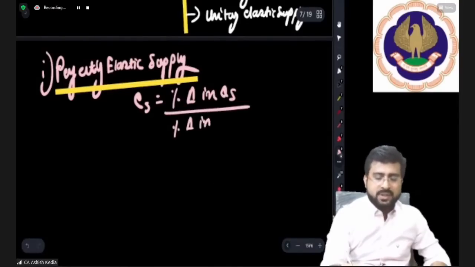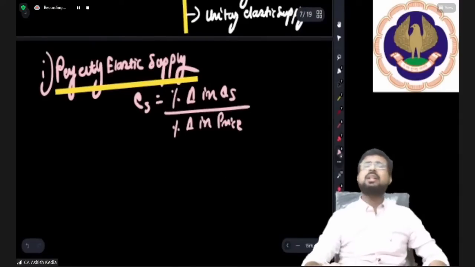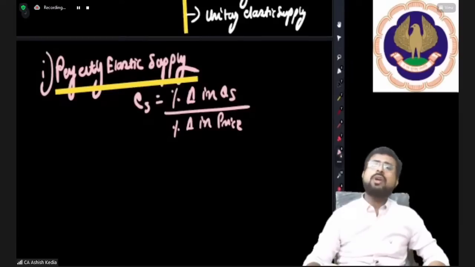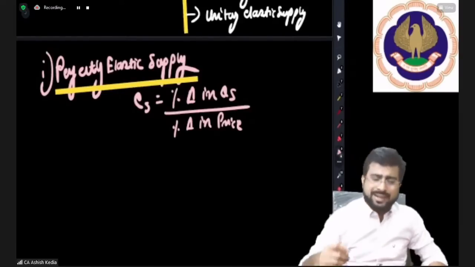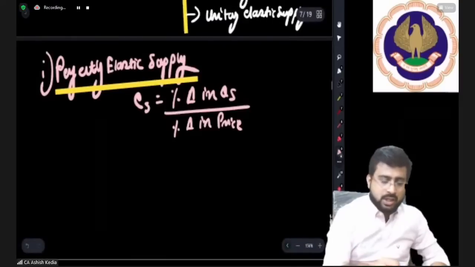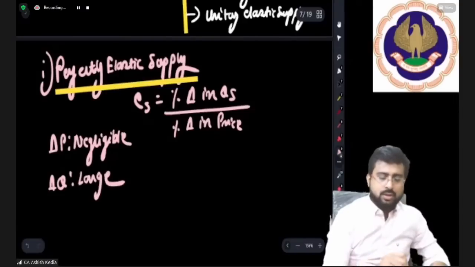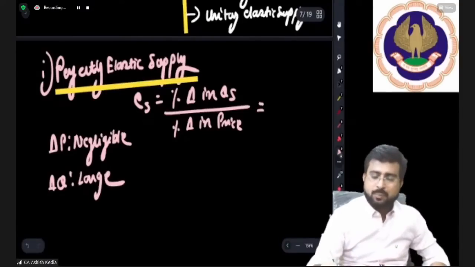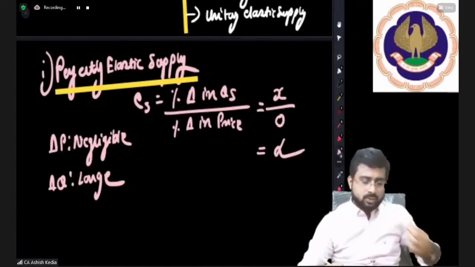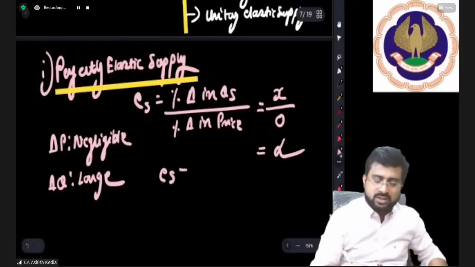In perfectly elastic supply, for a very negligible change in price, almost zero, supply changes by a large quantity. Suppose the change in quantity is some large unit x, and change in price is almost zero, so the value becomes infinity.